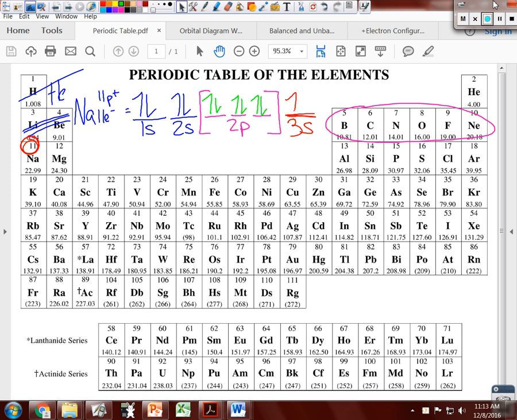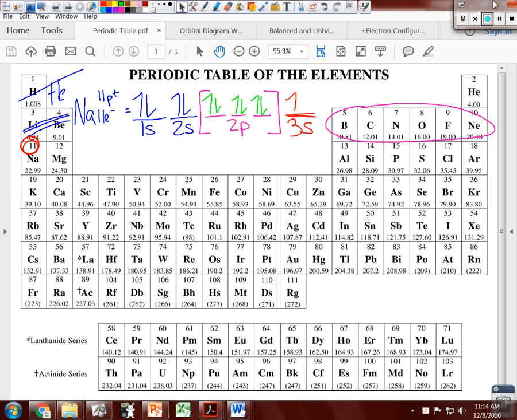So how did I know to stop at 3s with 1 arrow? Do you agree I'm trying to get to sodium, which is number 11? After I go all the way 1 through 10, sodium is on the third row, S block, first element. You see it now? Once that light bulb clicks, this becomes super simple.